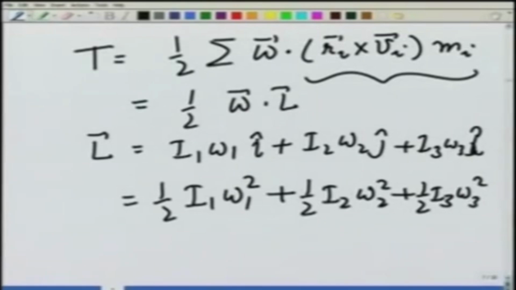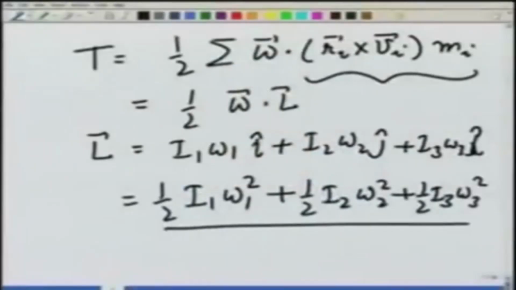So, you see, if I work with the principal axis of the rotating body, my expressions become simple. Added complication is that now the principal axis itself is rotating with the body. So, we have to now look at how to handle this.